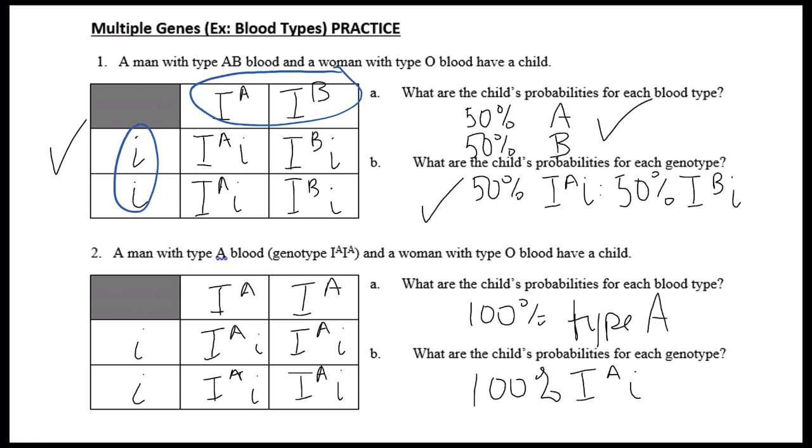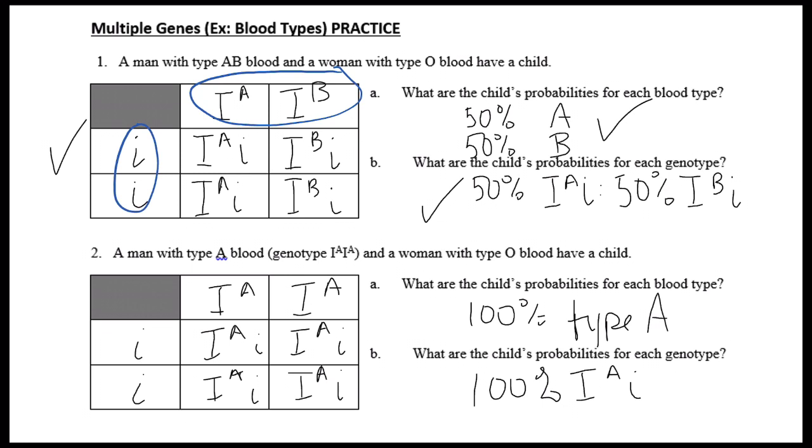So they're all 50% type A blood, 50% B, carrying that O allele. So the genotype is then 50% IA, lowercase i, 50% IB, lowercase i.